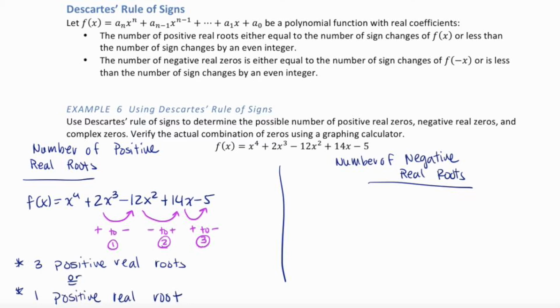Now let's look at the number of negative real roots. So we have negative x here as our input. So let's see what this looks like.